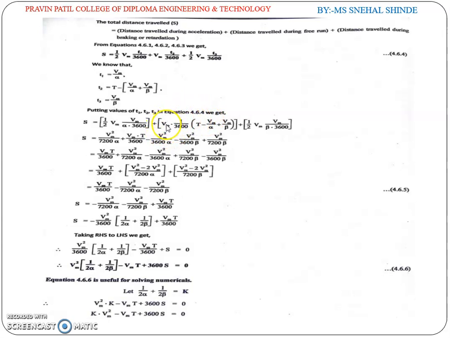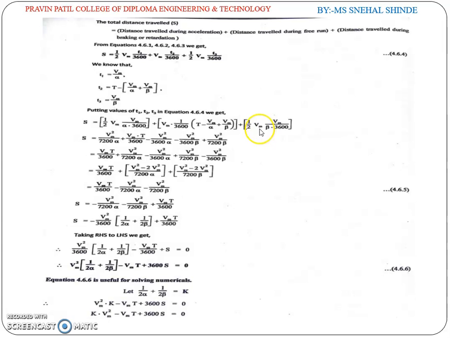First multiply the first term, which is T, so Vm into T divided by 3600. Again we have to multiply Vm by the next term, so Vm into Vm by alpha, and we will get this value. Again we multiply Vm by Vm by beta, then we get this value.